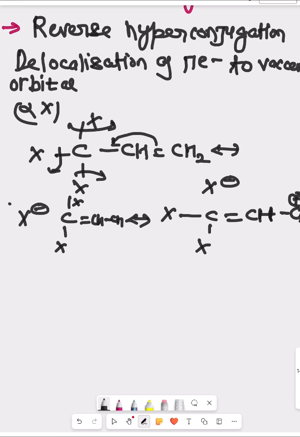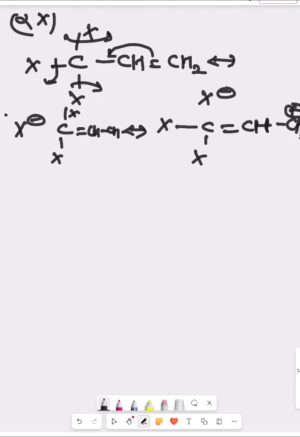Carbon can't have 5 bonds. And if you delocalize this sigma electron, then it will be like this.